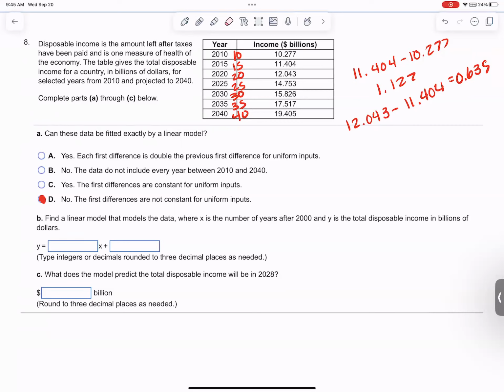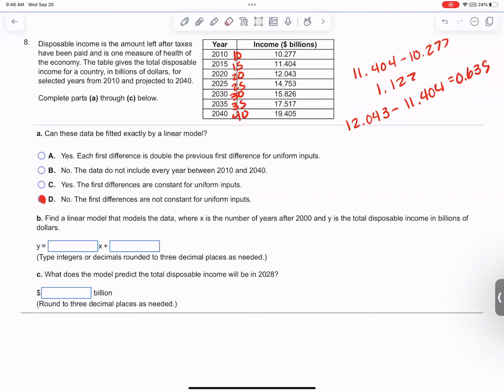All right, so I get that the slope is 0.30995. It's telling me to round it off to 3 decimal places, so that would be 0.310. And the y-intercept is 6.712.